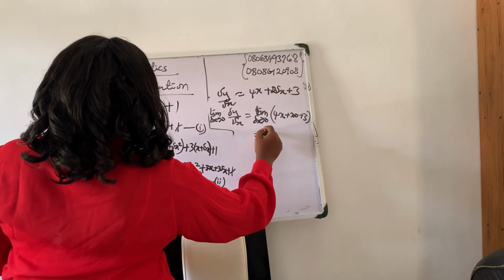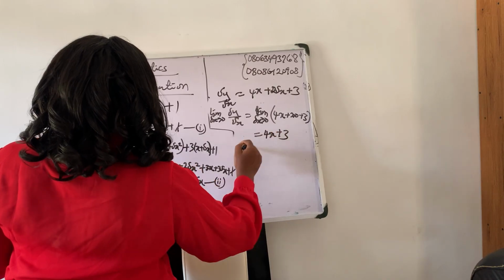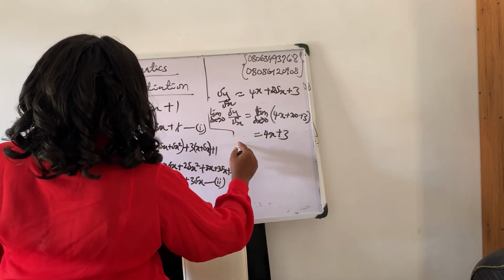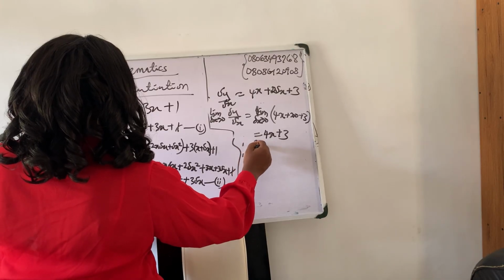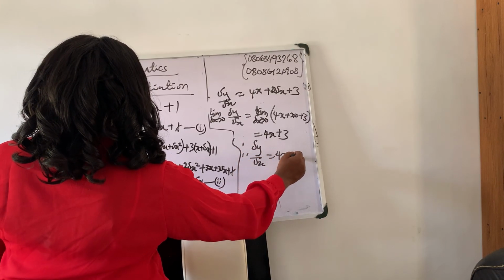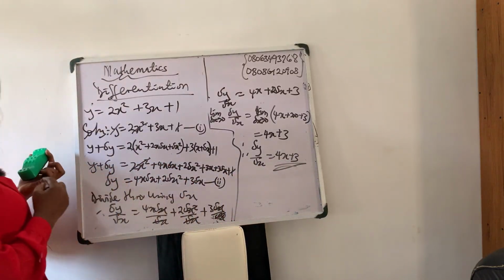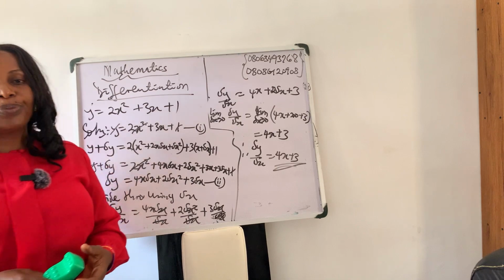So what we have left is 4x plus 3, because 2 times 0 is 0. Therefore, dy/dx equal to 4x plus 3. That is that for differentiation by first principle.